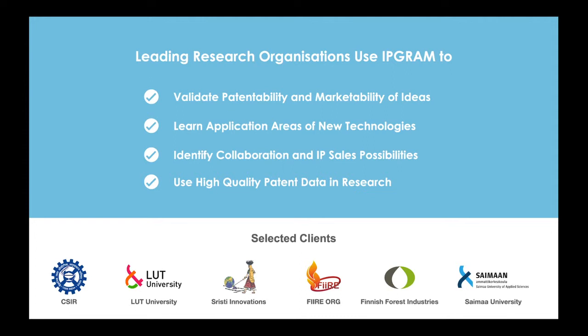I'll just show you in a moment. You can identify the partners with whom you can collaborate. You can probably get funds from them, later sell them your patent, or even get them as outright customers. And in general, we have high quality patent data. So feel free to use it in research, download the charts and put them in your research papers.